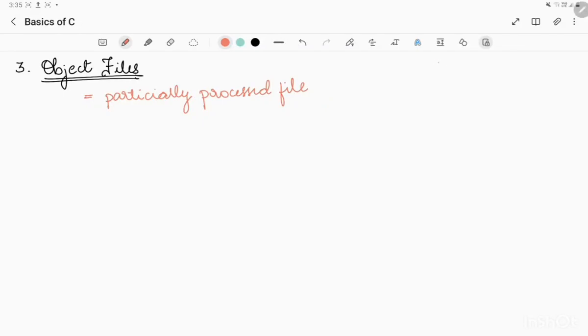So source file was the ingredients. Next, header file was the instruction. Right? Next we have the object file. What this object file is basically, considering the pizza, we had the pizza ingredients, we had the instruction on how to make the pizza.